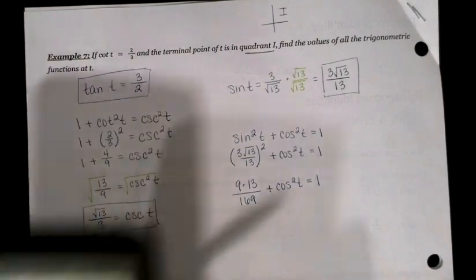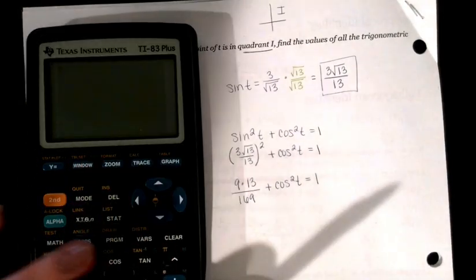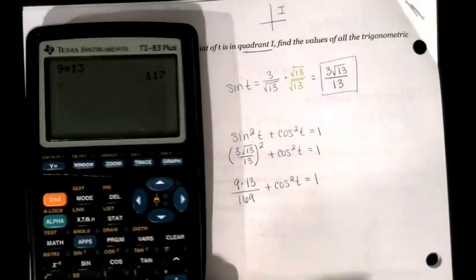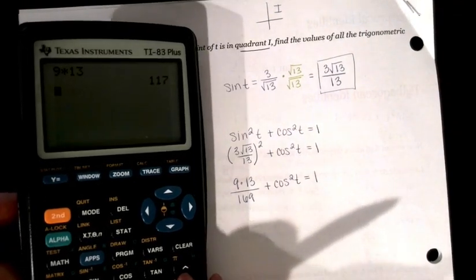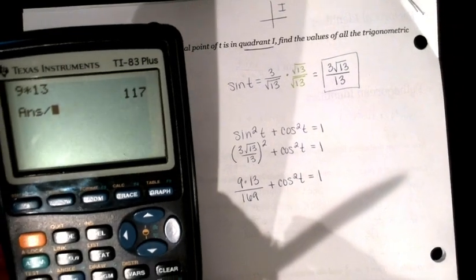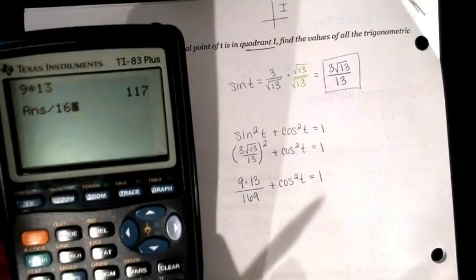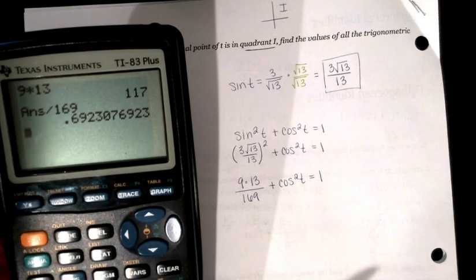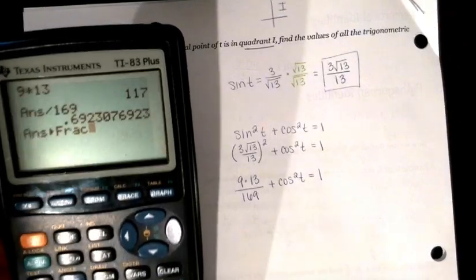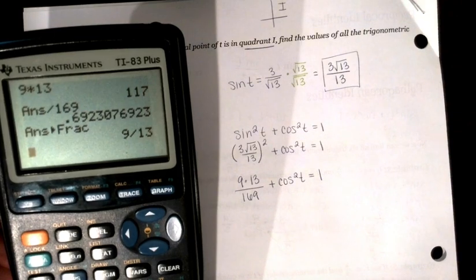So I'm going to do 9 times 13. Whoops. And then I hit enter. And then I'm going to divide by, sorry about that, my denominator, so 169. And I get a decimal. So I'm going to do math, enter, enter, and I get my fraction of 9 over 13.